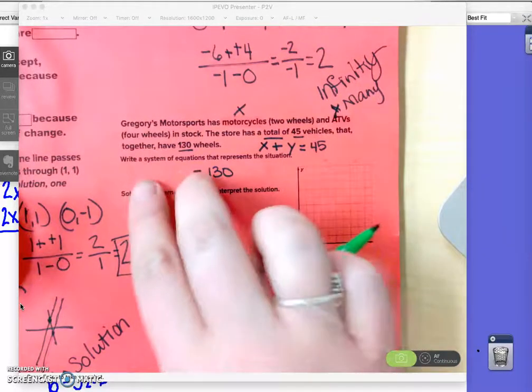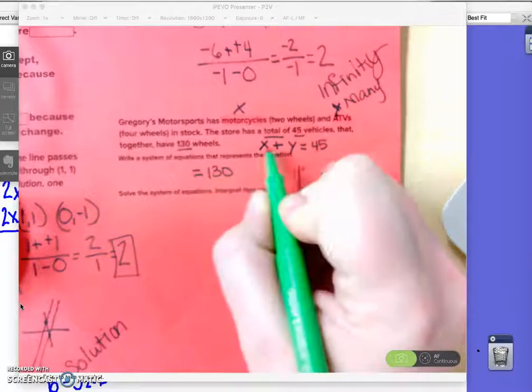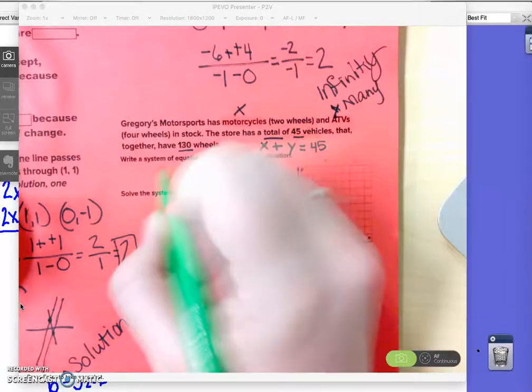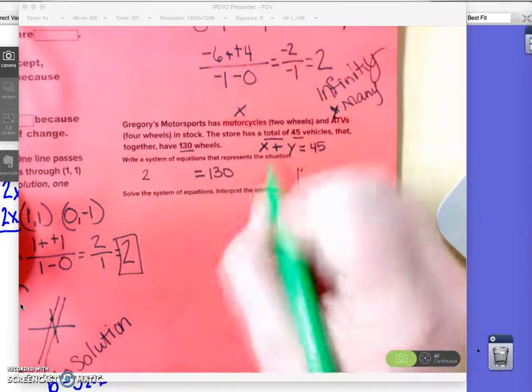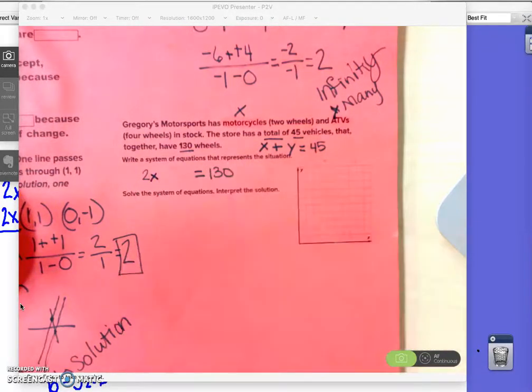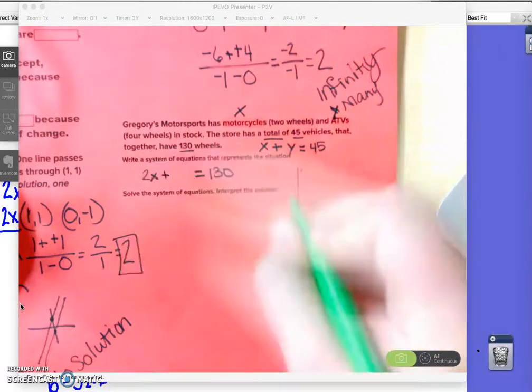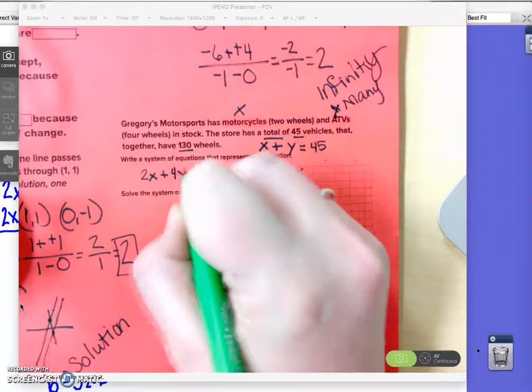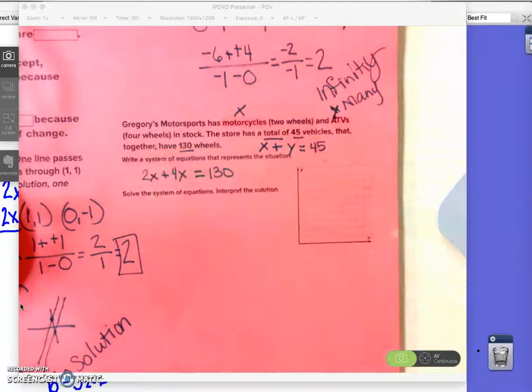How many wheels does the motorcycle have? Well, it has 2 wheels. So you're going to multiply the number of motorcycles times 2, and add it to the number of ATVs times 4, because it has 4 wheels.